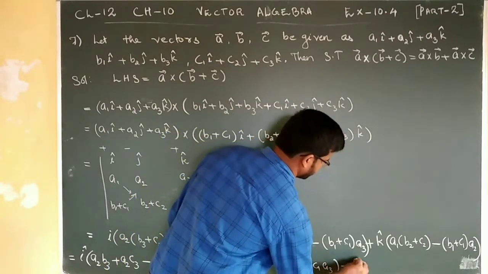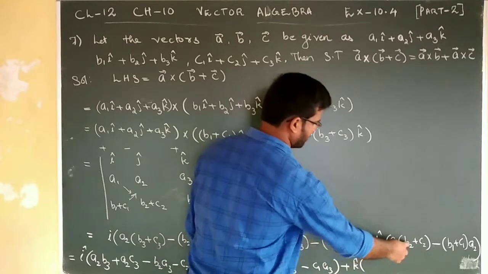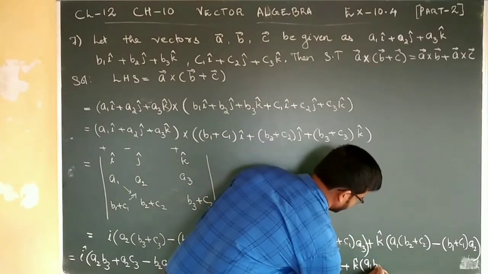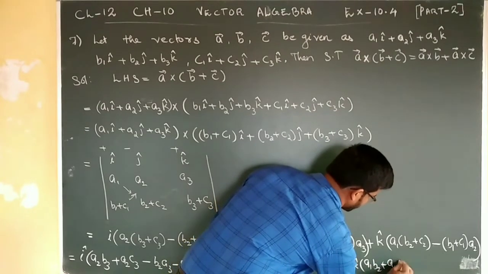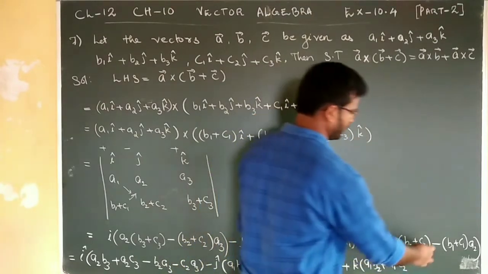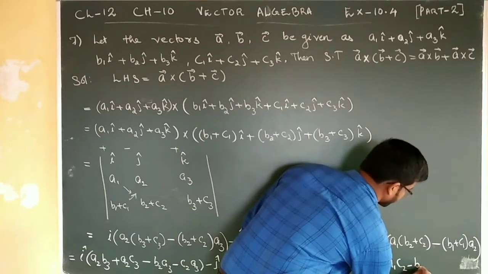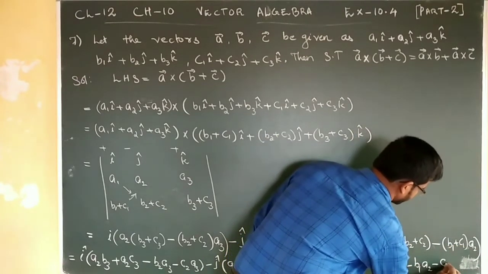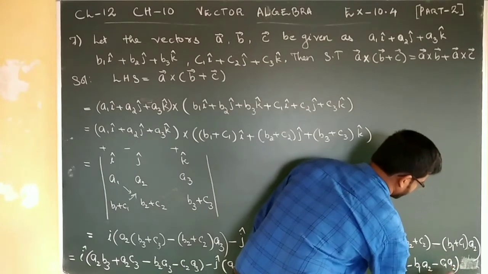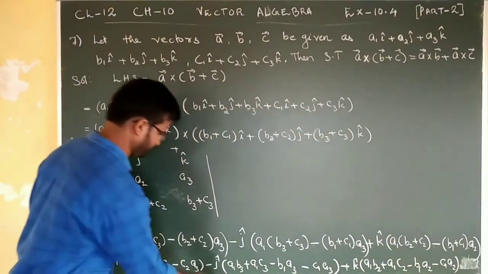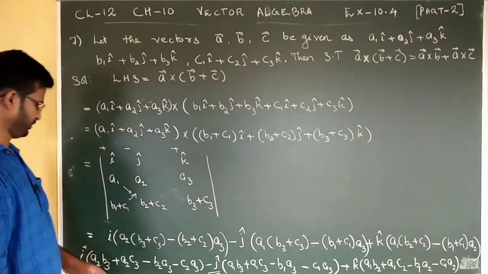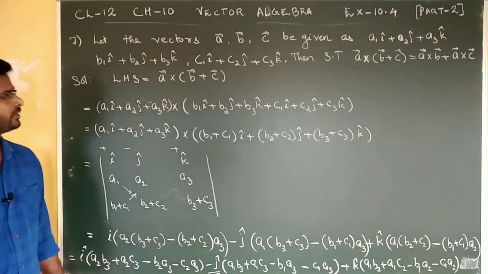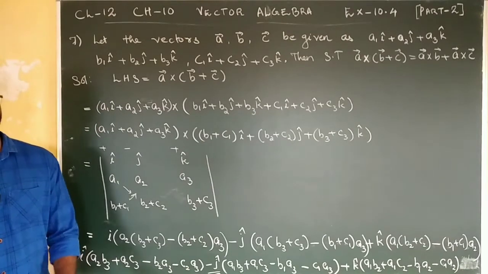Plus K vector: A1 B2 plus A1 C2, minus B1 A2, again minus C1 A2. Now we got the LHS answer. Before that, just pause the video, write down this LHS part.